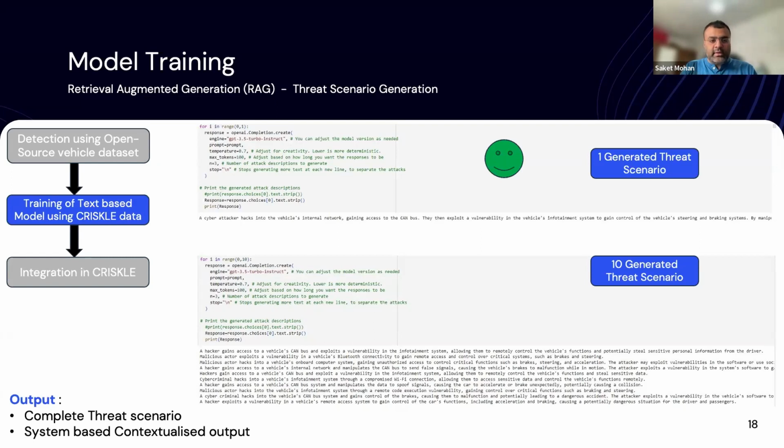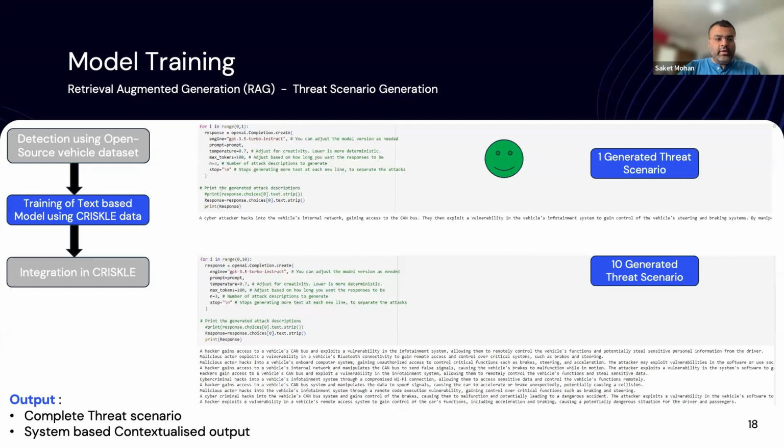And second, because we used system context data, and I'll show you in a minute what system context data we fed in, we were able to change the system parameters, and it gave us not just one, but tens, even hundreds more threat scenarios.